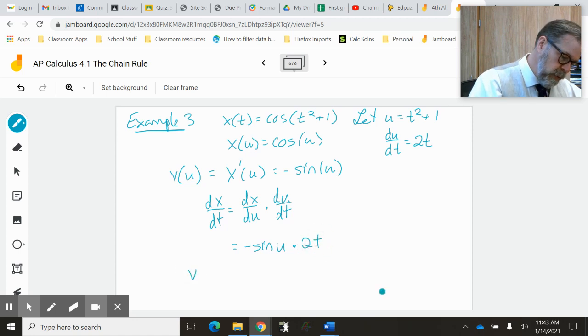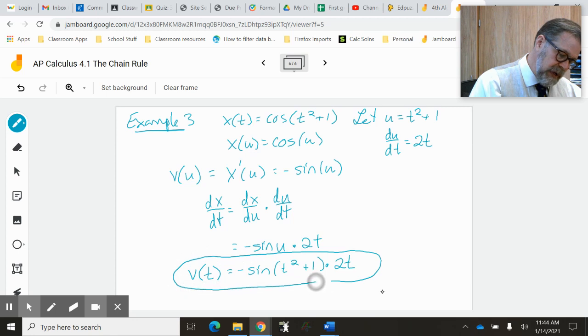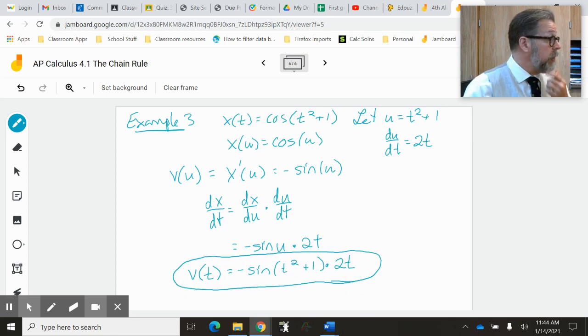And then, of course, rewriting it as a function of t instead of u, we get negative sine of t squared plus 1 times 2t. So velocity as a function of time can be written as that.